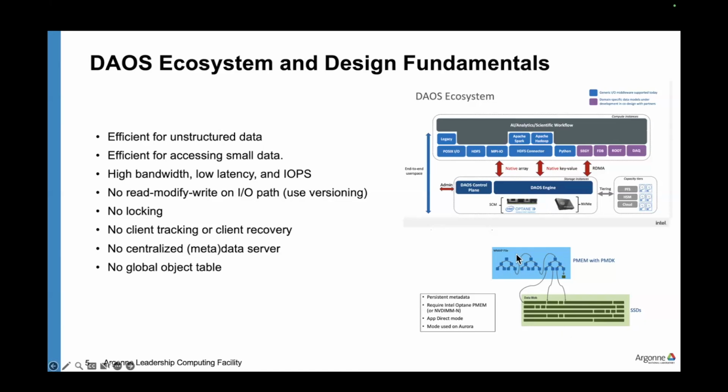But what happens is, when you're writing data, all the small data, less than 4K, goes to the persistent memory, and later it gets written down to the NVMe SSDs. This way, we get high IOPS and we get the best out of persistent memory. For other systems which don't have Intel Optane DC persistent memory, there's also another mode where they use DRAM for the persistent memory.